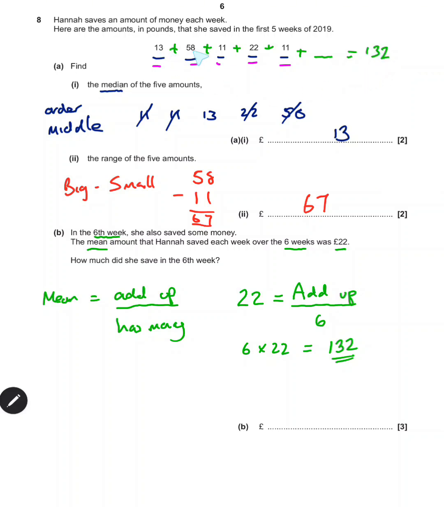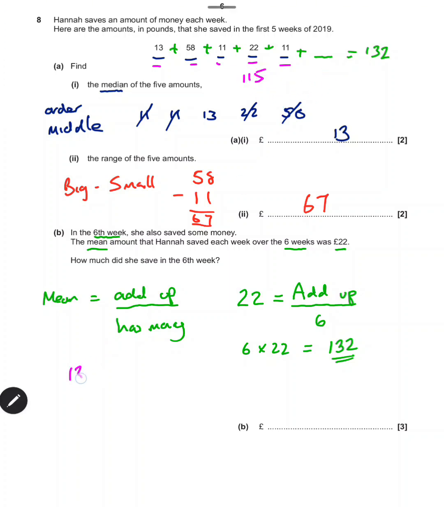13 add 58, that would be 71. Add 11 gets 82. Add another 11 is 93. This would be 95. Add 20 is 115. So those first 5 numbers come to 115.